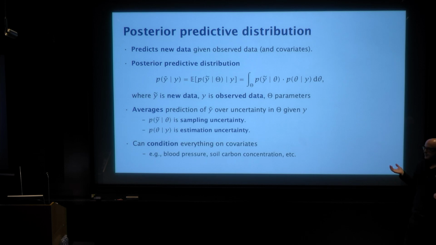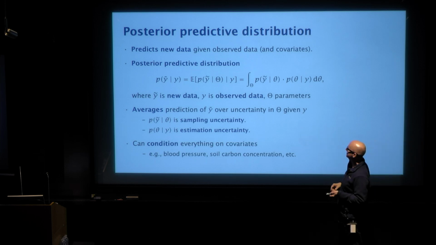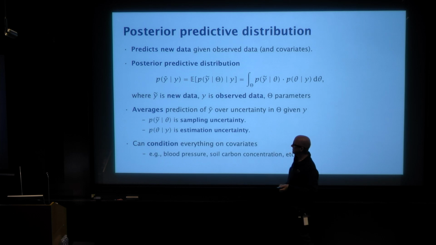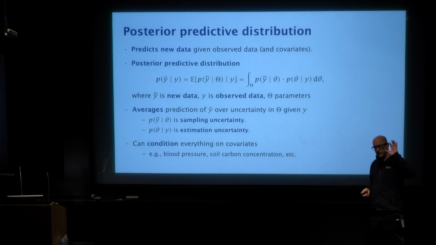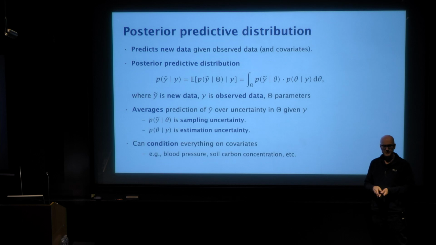That's just going to be an expectation of its density function, averaged over the posterior. And if you look at this, there are two terms here. The density of y tilde given theta is sampling uncertainty. That is, I may know the parameters exactly, but there's still some randomness involved in this process that we can't get rid of.